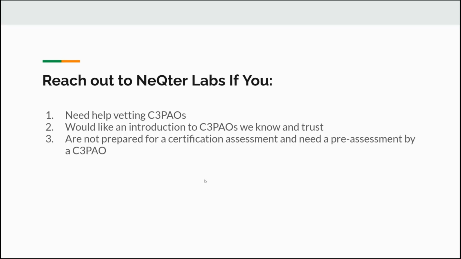So vetting a C3PAO is going to be one of the most important things that you do, because you want to pass. And of course, a good C3PAO, frankly, is not going to pick losers. They want to pick companies that they think, without a doubt, that they can get through the process, because they don't want any bad marks on their record, right?